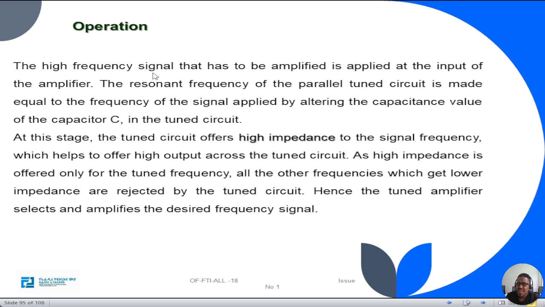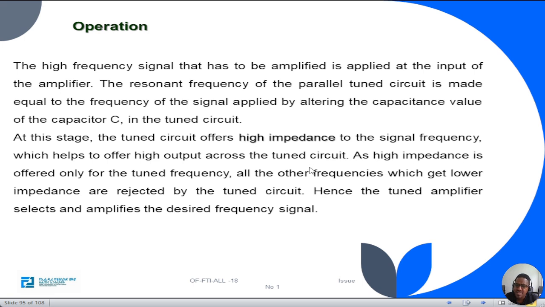The high frequency signal that has to be amplified is applied as the input of the amplifier. The resonant frequency of the parallel tuned circuit is made equal to the frequency of the applied signal by altering the capacitance value of the capacitor in the tuned circuit. At this stage, the tuned circuit offers high impedance to the signal frequency, which helps to offer high output across the tuned circuit.